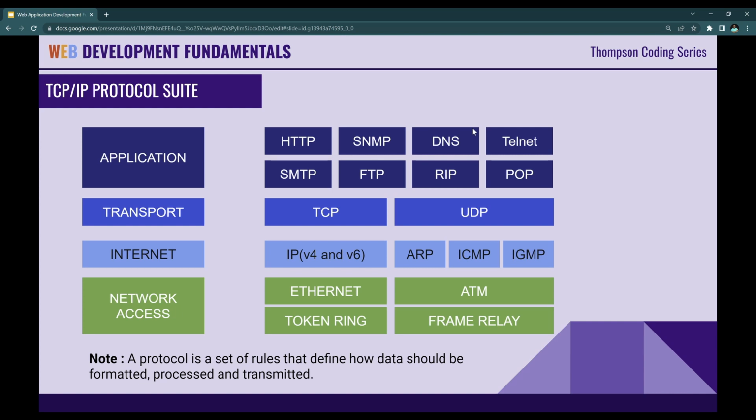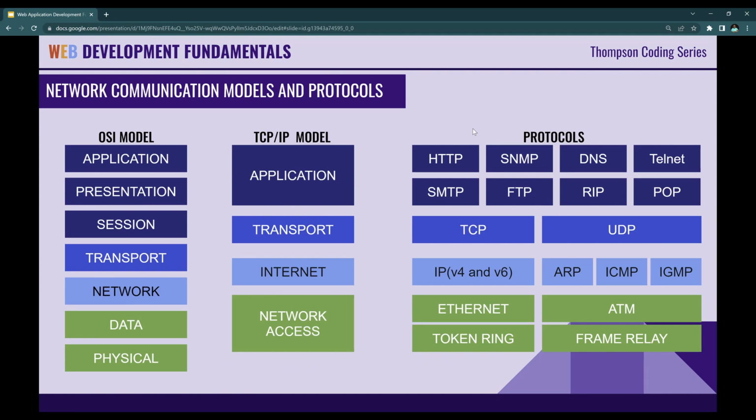And that is what the protocol actually does: it defines the format of data and the rules, the guidelines, for it to be transmitted, as well as defining the rules of engagement for two systems to communicate over a particular network.